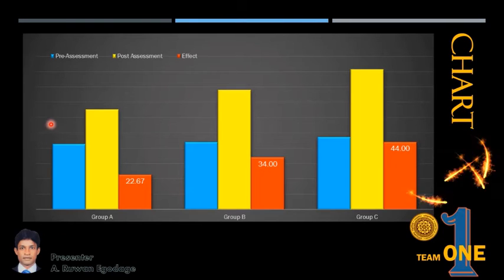Here we come to a very interesting chart. The blue represents the pre-activity assessment, the yellow one is the post-activity assessment, and the red one is the difference between these, that is the progress. Before the activity we checked how they were scoring, then after the activity we checked again, and this is the difference. This is the progress with our activity.